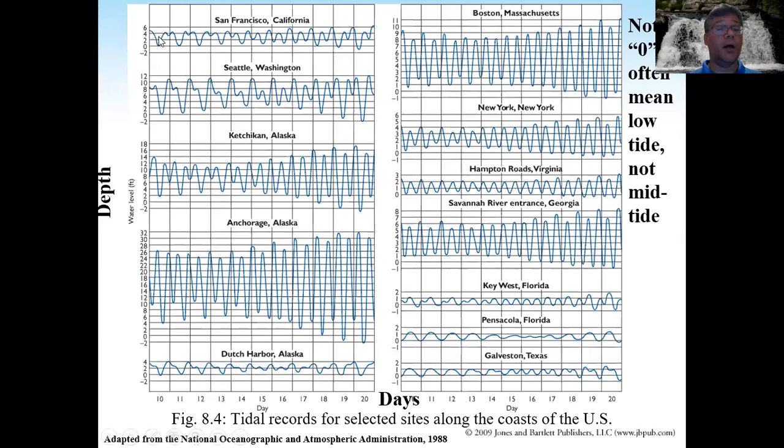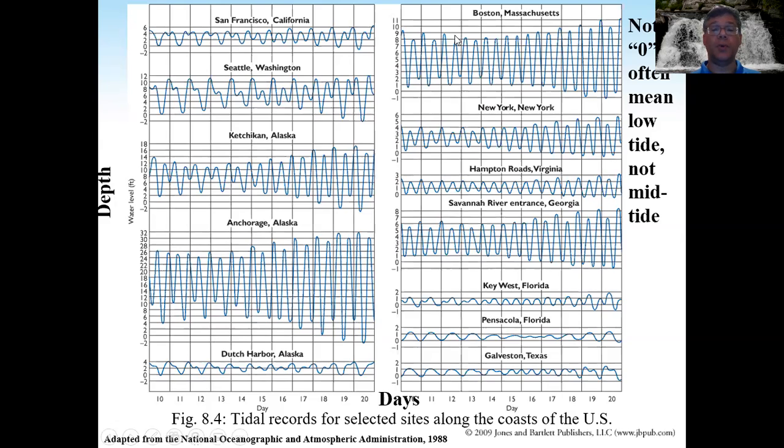Here are examples of tides around parts of the US, and you see different patterns. All of them show the range from the neap tide with the smaller range to the spring tide with the larger range. But you see some, for example, a number of the West Coast ones that show a more mixed pattern.